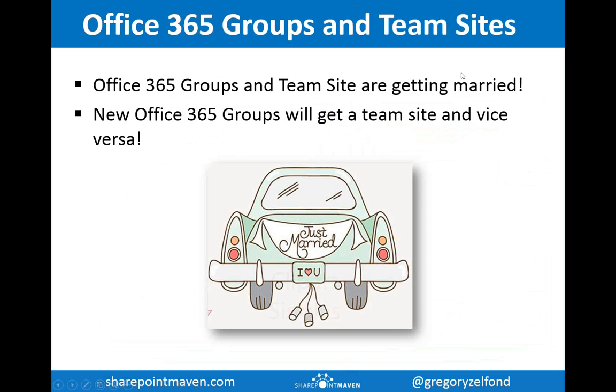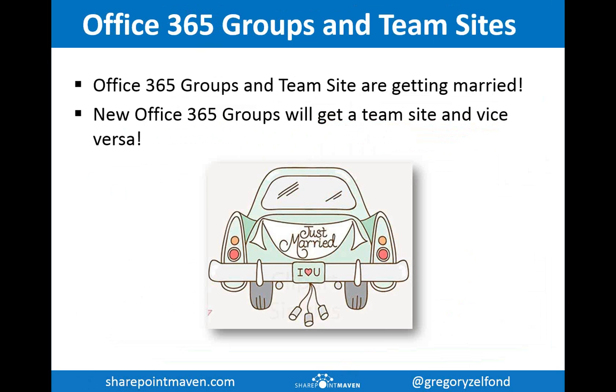All right, and something I mentioned already a few times, but the latest news from Microsoft is that Office 365 groups and team sites will be one soon. So right now, like someone suggested, there are pretty much two different entities. In future, when you create a team site, it will automatically create an Office 365 group, and vice versa. So in that case, it will cut down on the decisions you have to make.